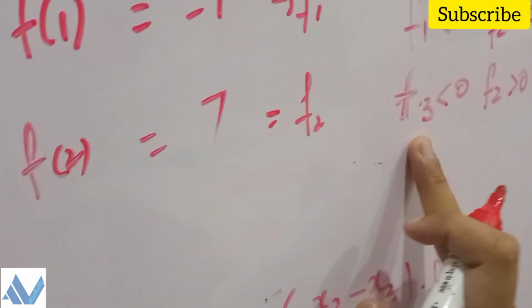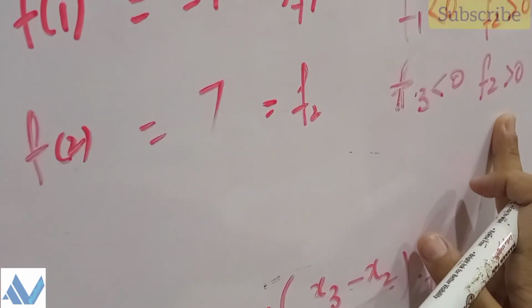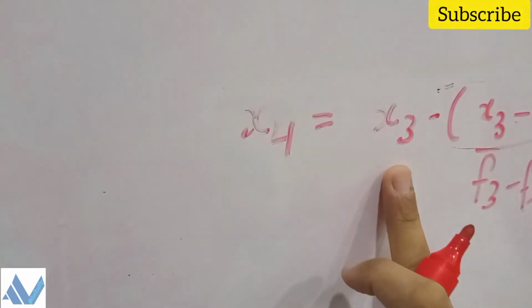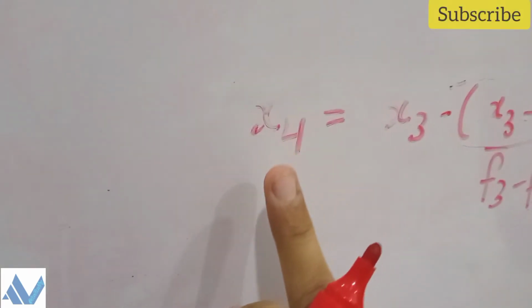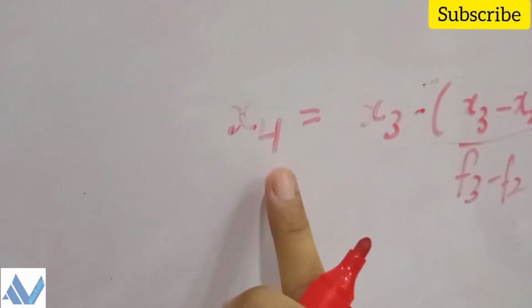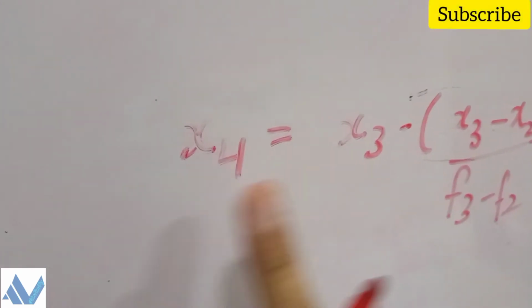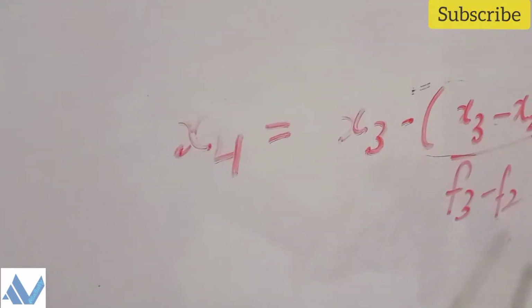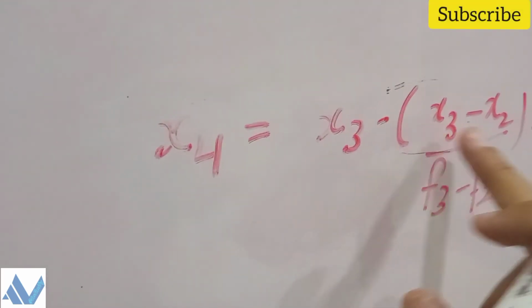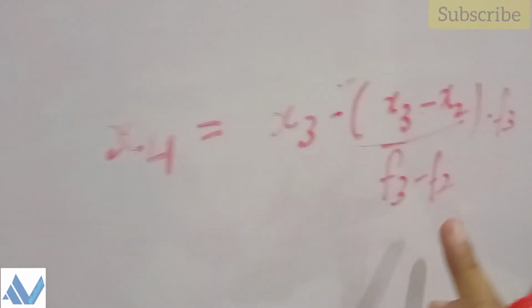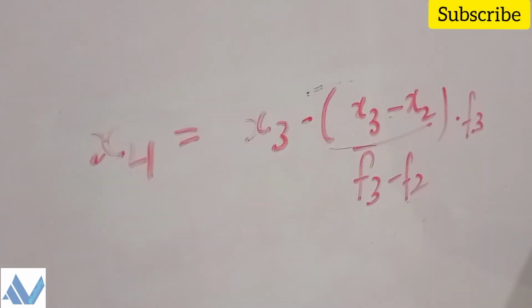Since we have got f3 is less than 0 and f2 is greater than 0, we are writing it in this form: x_{k+1}, that is 3 plus 1 is x4. Here x_k will be x3, and x3 again, x_{k-1}, that is 3 minus 1, 2, same as it is.